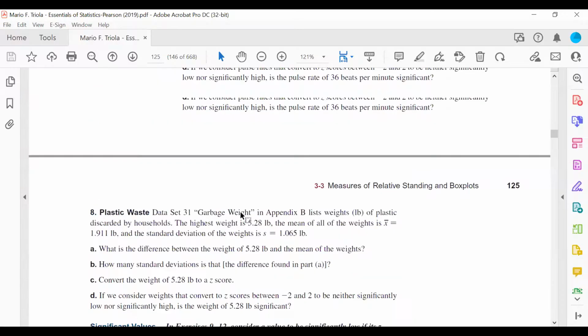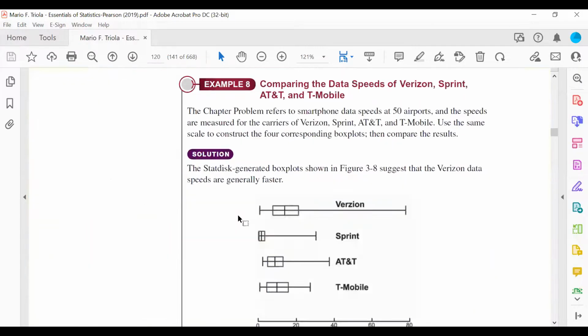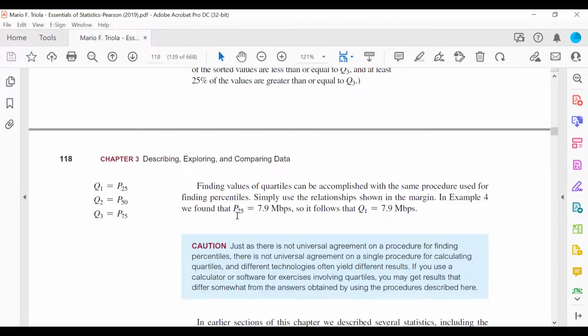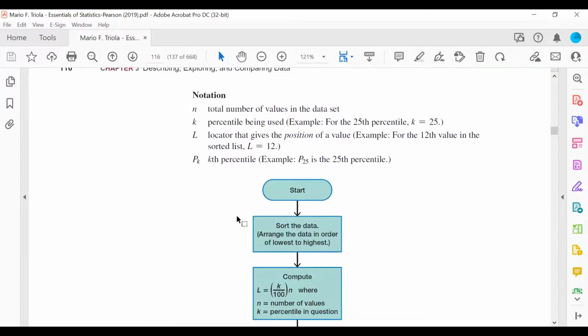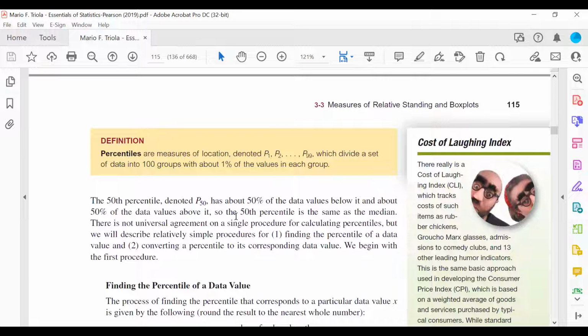So let me give you the definition of percentiles. Percentiles are measures of location denoted by P sub 1, P sub 2, all the way down to P99, which divide a set of data into groups.